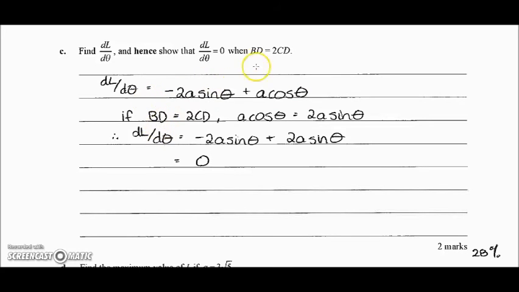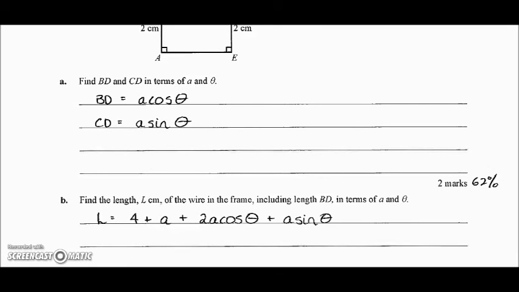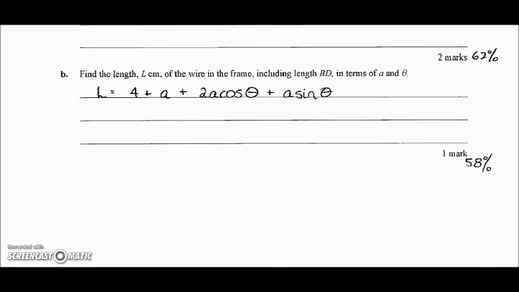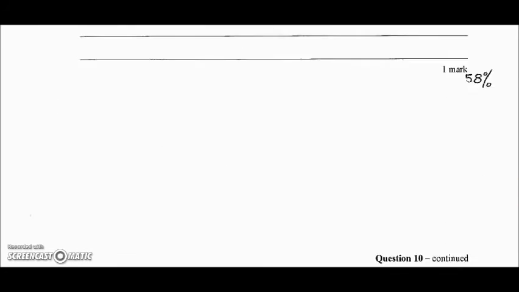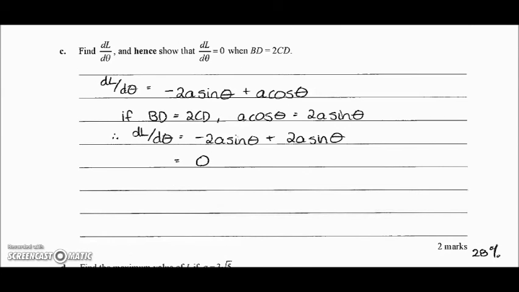Now we're told that BD is equal to 2CD. So if BD equals 2CD, BD is A cos theta, so A cos theta is equal to 2 times A sine theta, which is what I've written here.